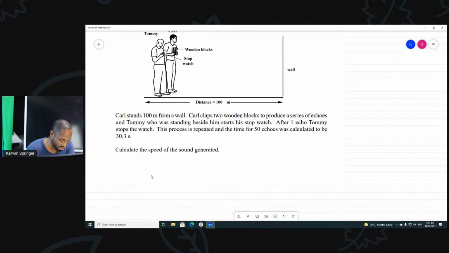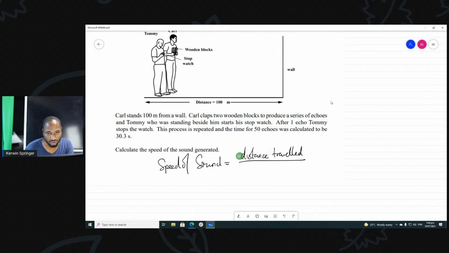So the distance travelled for those 50 echoes. The speed of sound in this case will be the distance travelled over time taken. I'll use distance travelled instead of displacement, otherwise I'll go 100, take away 100, and end up with 0.